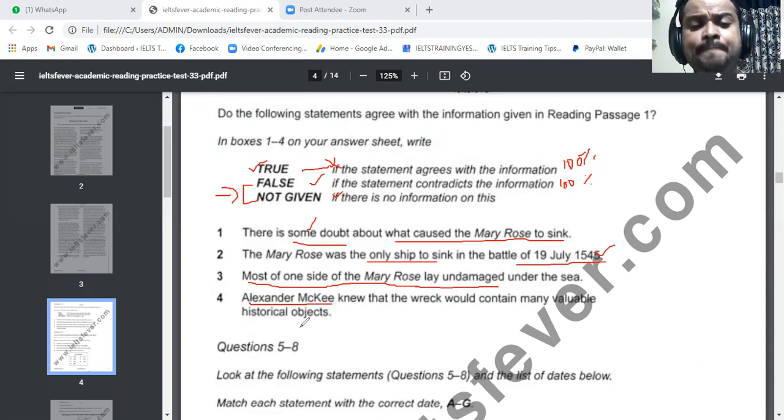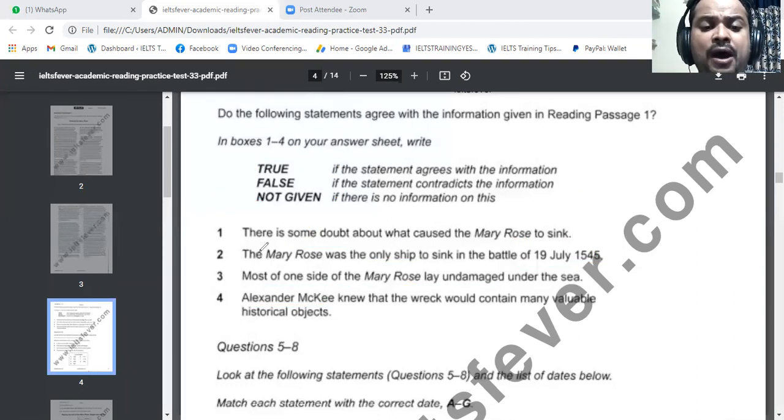Question number 1. I'm going ahead with question number 1. There is some doubt about what caused the Mary Rose to sink. Naturally, I told you that I have to look in the first paragraph rather than in other paragraphs. So I'm moving to the first paragraph to look for the answer, whether it's there or not.